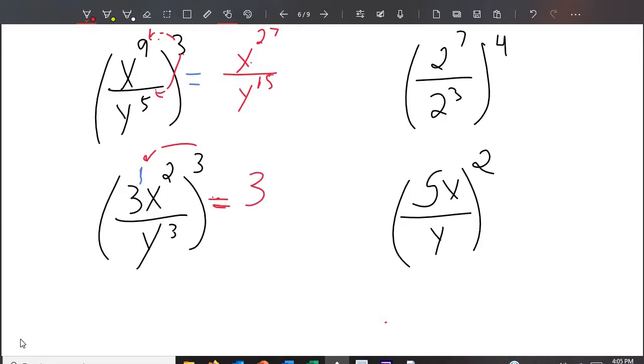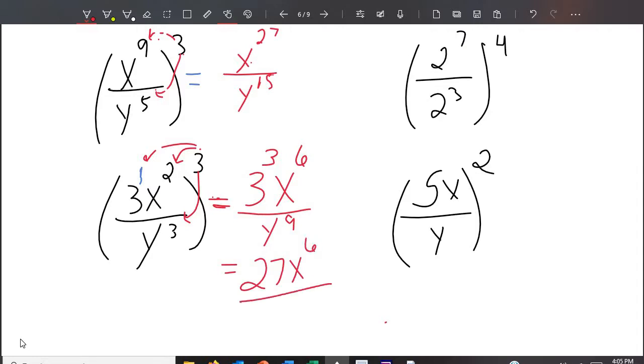This gives me 3 to the 3rd power. 3 times 2 gives me x to the 6th power. 3 times 3 gives me y to the 9th power. Simplify if you can. 3 cubed is 27. Got x to the 6th up top, y to the 9th in the bottom. So if there's no exponent, put a 1 there. I'm telling y'all that'll make it a lot easier.